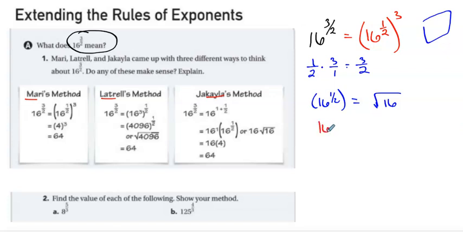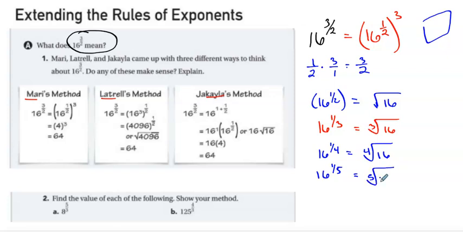If I were to write 16 to the 1/3 power, then this would be the cube root of 16. If I were to write 16 to the 1/4 power, then this would be the 4th root of 16. And so on, right? 5th root of 16.